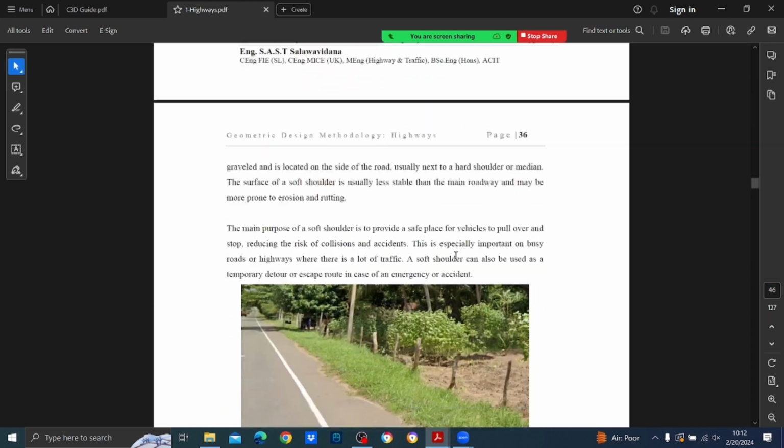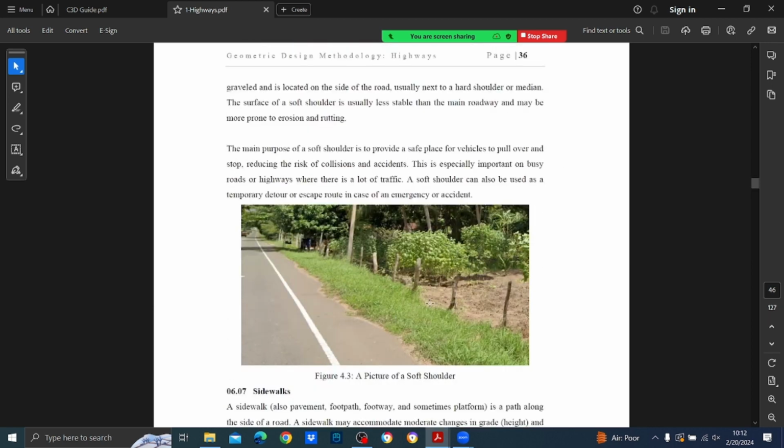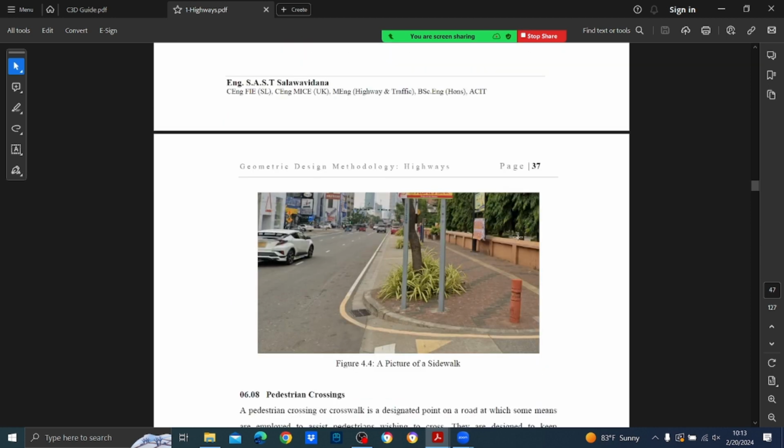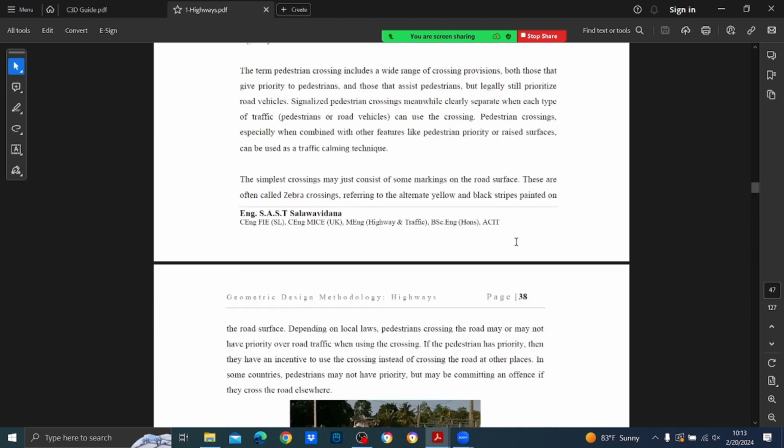The soft shoulder is this area, which can either be turfed, or it can be gravel itself. Sidewalks are for pedestrians, so they should usually be 2.5 or 3 meters, but in extreme cases we go for 1.5 as well.